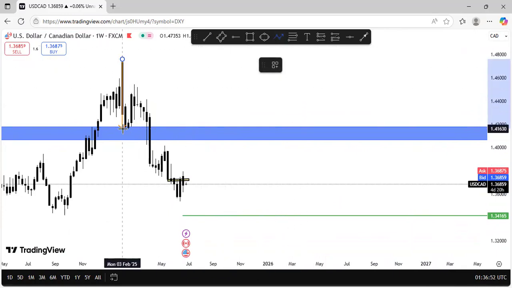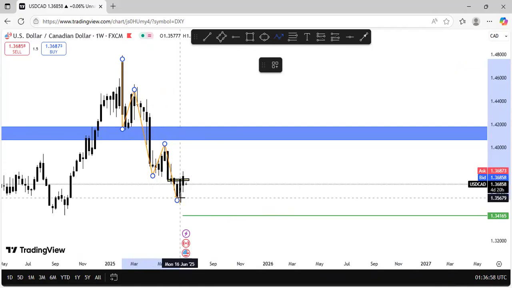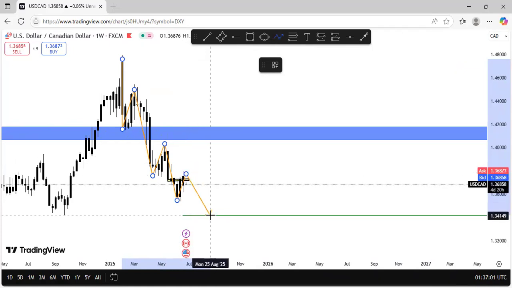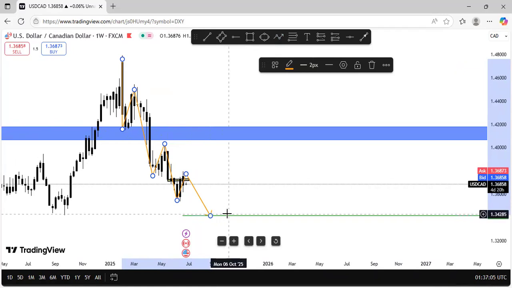We had a high here, we had a low here, lower high, lower low, lower high, lower low, lower high, and we should form a lower low. So I'm like, all right, good. That's the trend on our weekly time frame. So our weekly and monthly say downtrend. So we should be looking for shorts in the USD CAD.